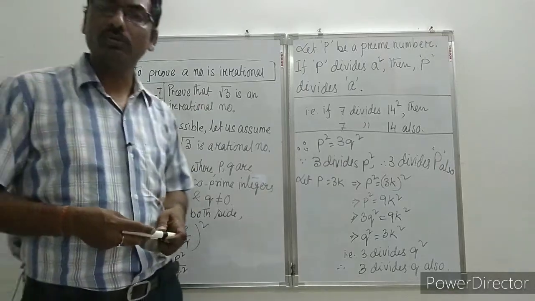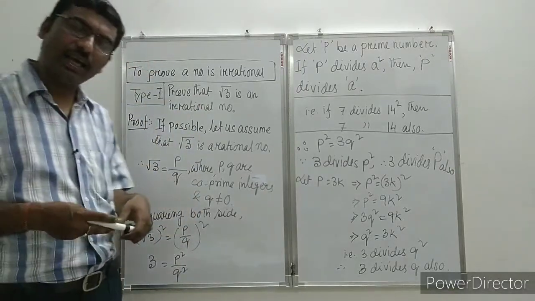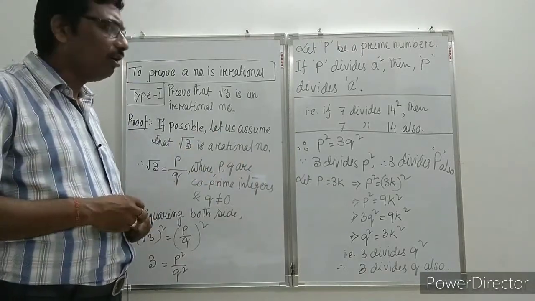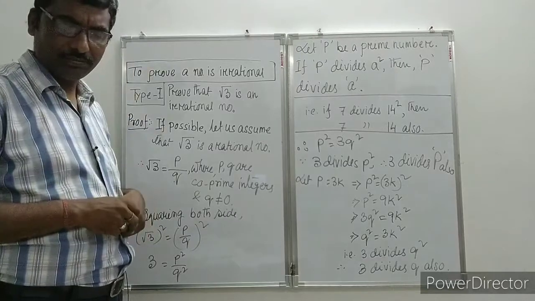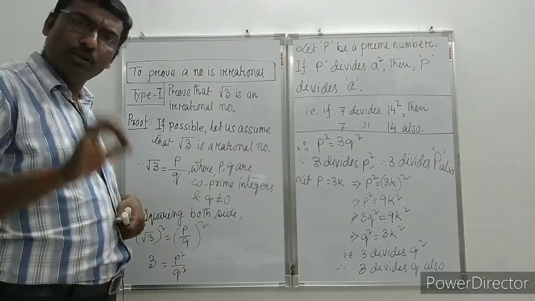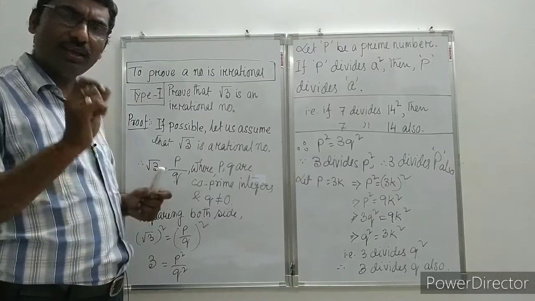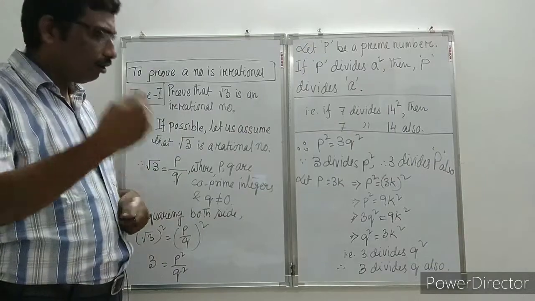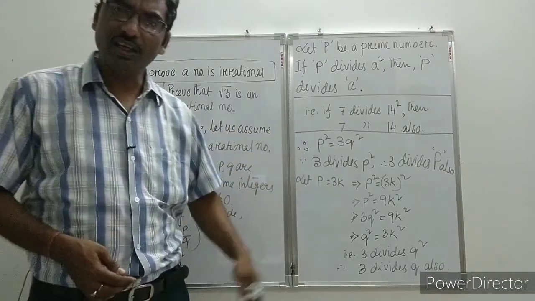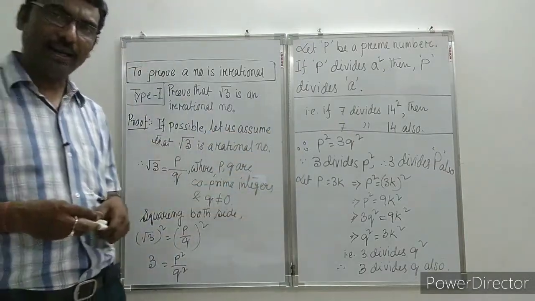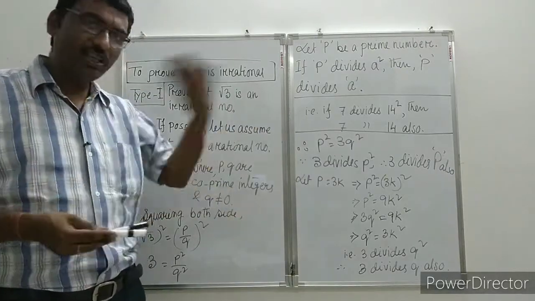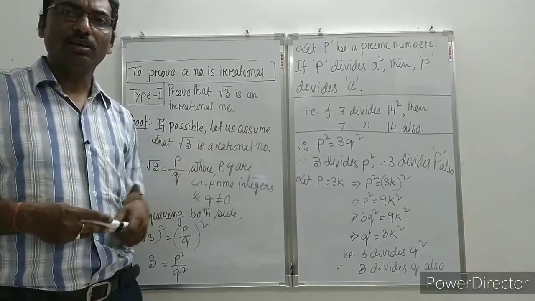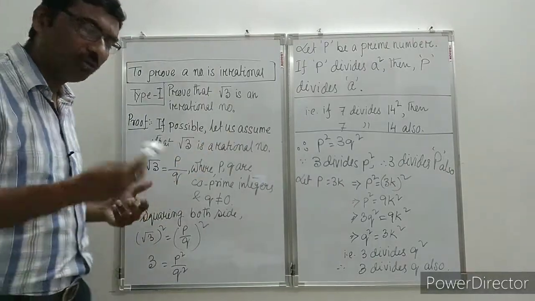To prove a number is irrational, the method that we apply is called the contradiction method. Why contradiction? To prove irrational, we will consider the number as rational. And when, on doing the sums, we see that what we assumed earlier is wrong, that is against our assumption, then we can say it is not what we assumed.